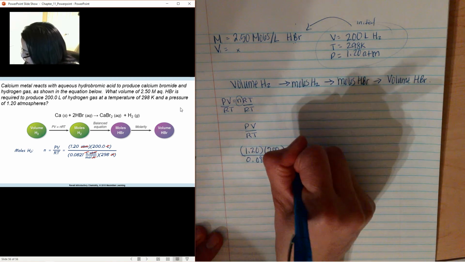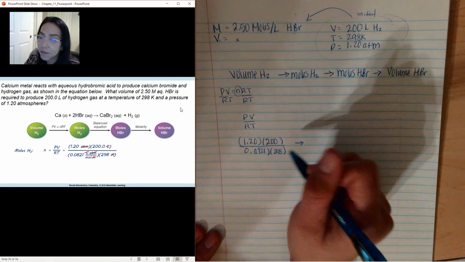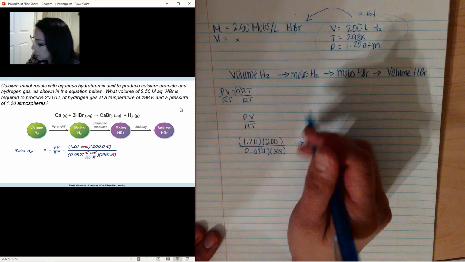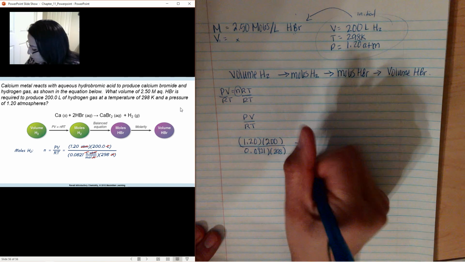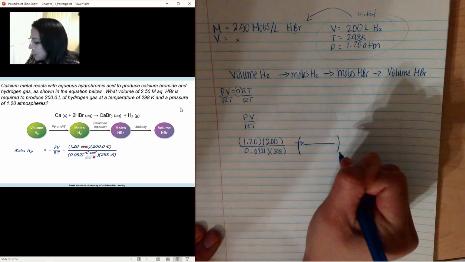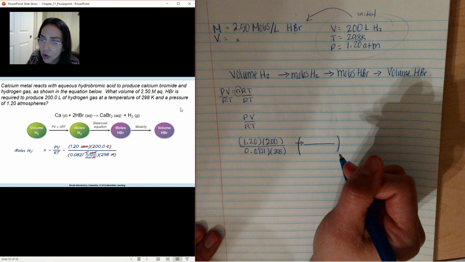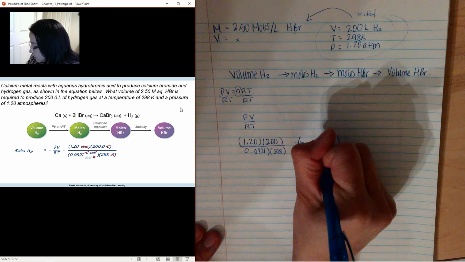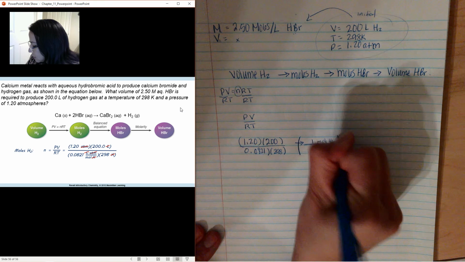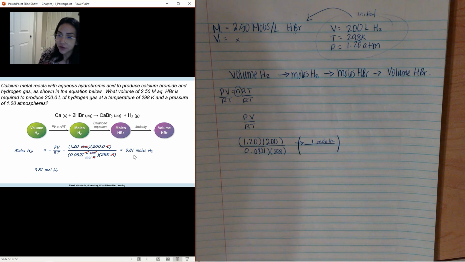Okay, so this is step one. After step one is done, I could get moles of H2, using the balanced chemical equation. I ended up with 9.81 moles of H2 here.